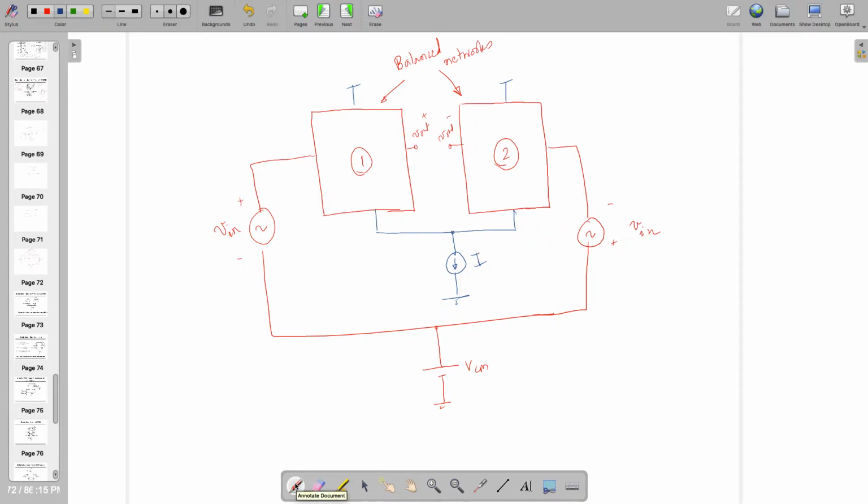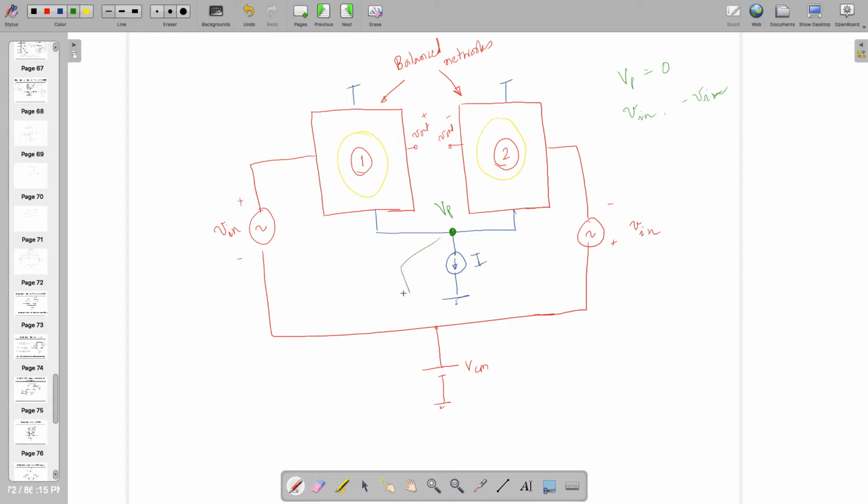Now, one more thing: as I told you, these two circuits are exactly identical. It's a copy paste of each other. When you are doing this, we also learn that this particular node, which is known as VP, is going to be equal to 0 when we are applying two signals, plus V in and minus V in.